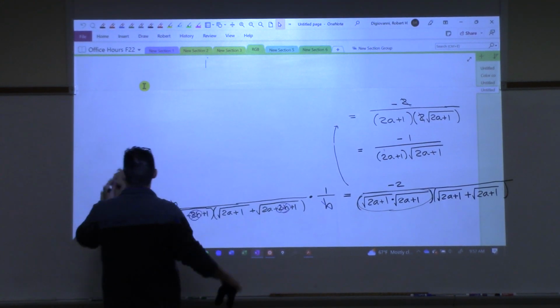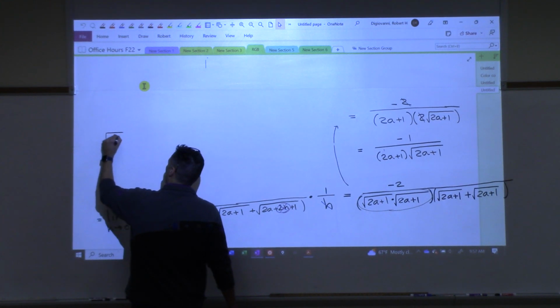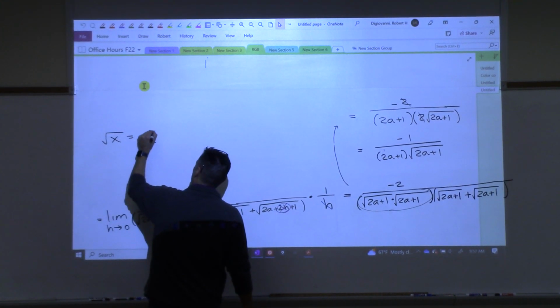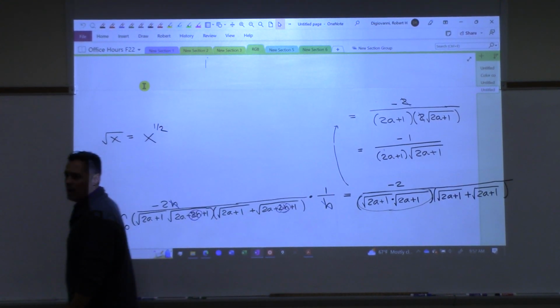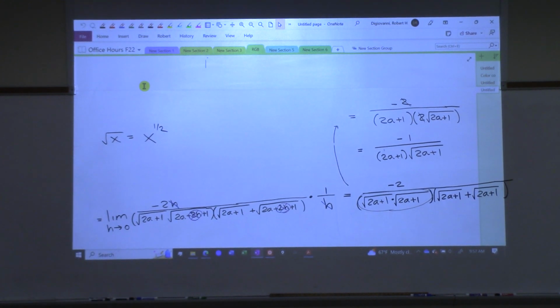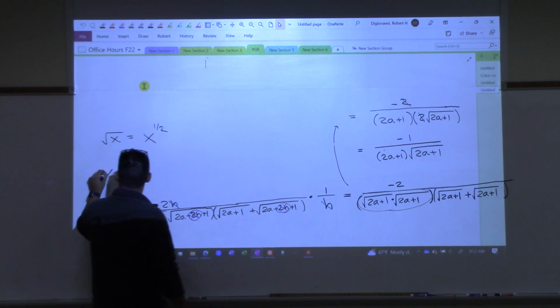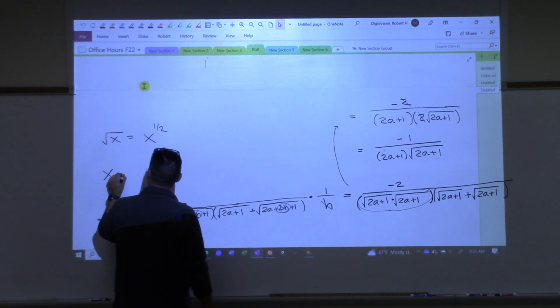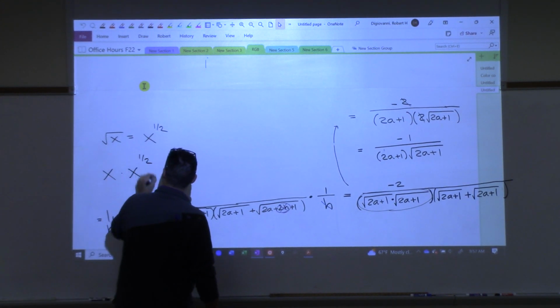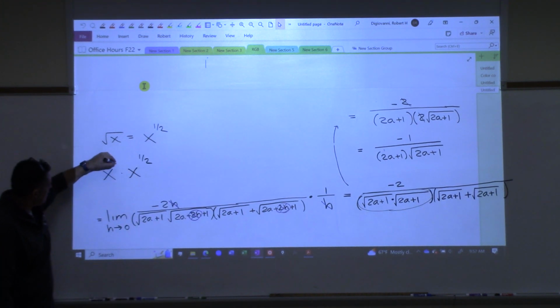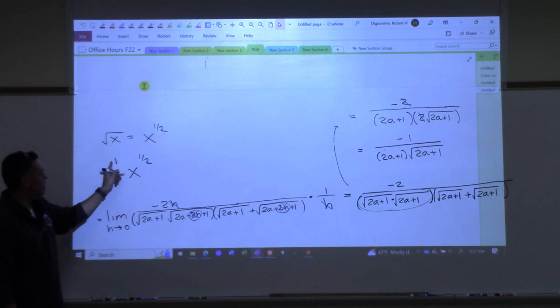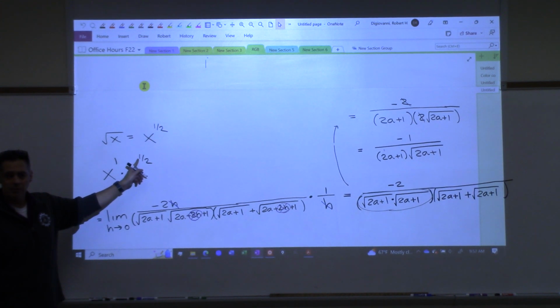And before I do it, let me remind you of something. Do y'all all agree that the square root of x is the same as x to the half power, right? Yes? That's what that means? Also, do you agree that if I have x and I multiply it times x to the half power, since there's multiplication, you add those two powers together, right?